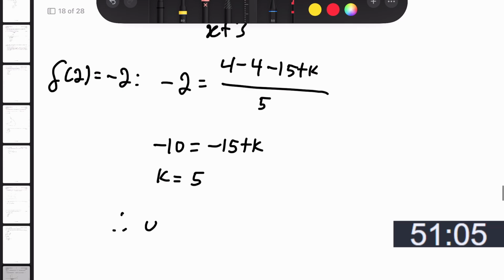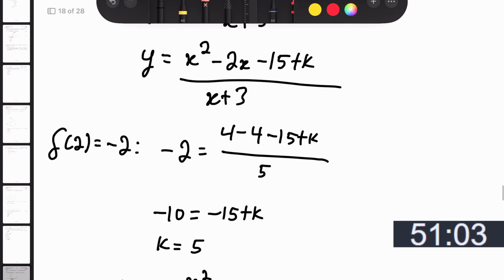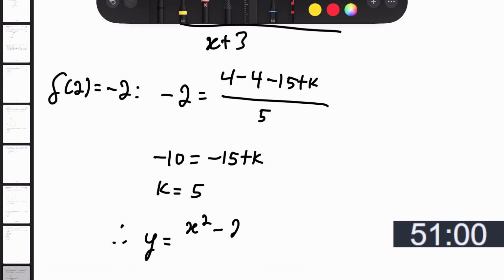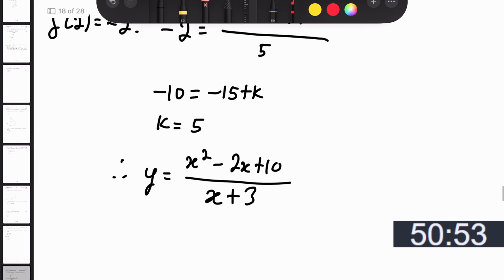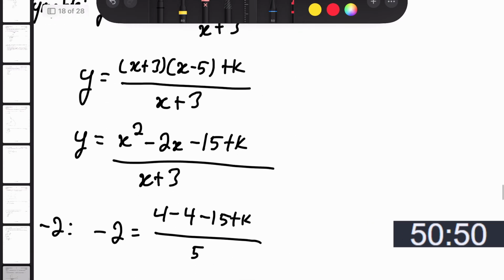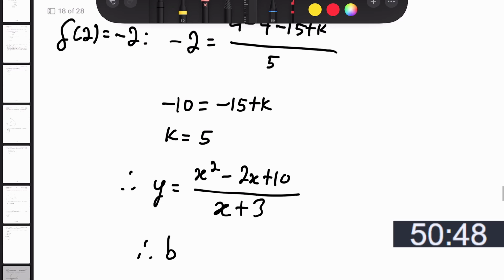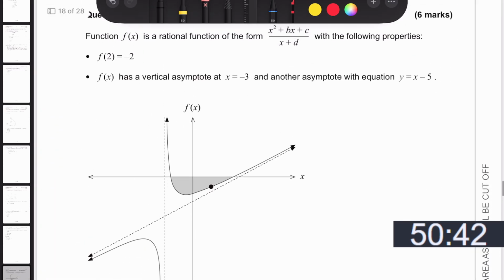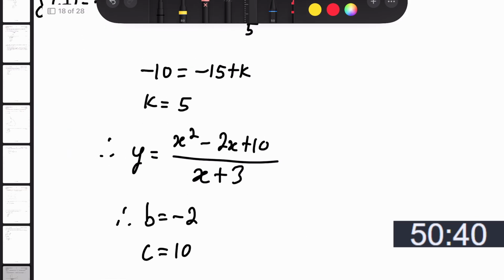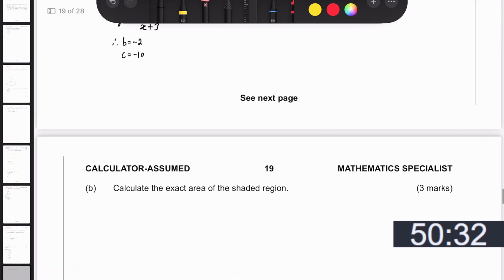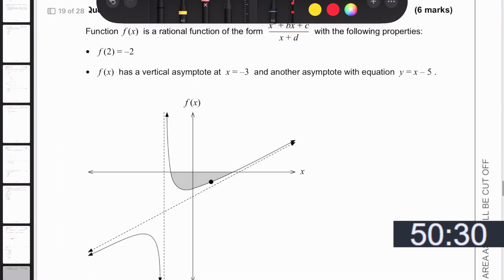Therefore k is 5, so y is x squared minus 2x plus 10 on x plus 3. And then I'll say therefore b is negative 2, and c is equal to negative 10. Oh yeah, negative 15 plus 5 is negative 10.